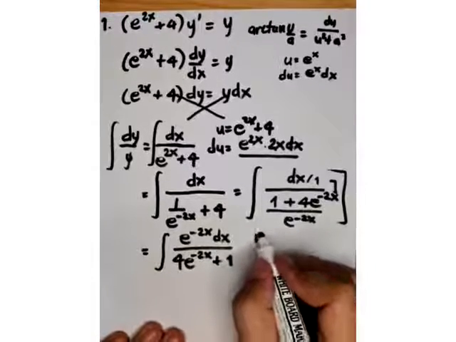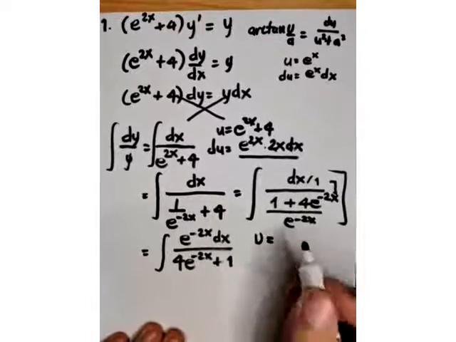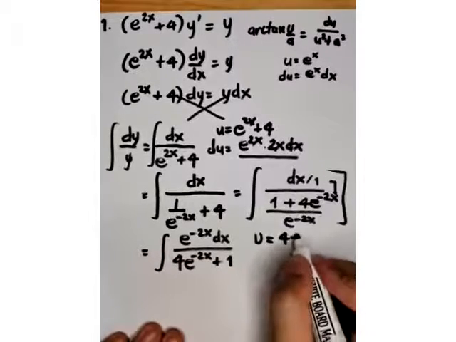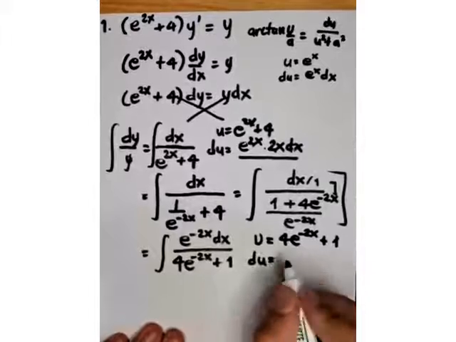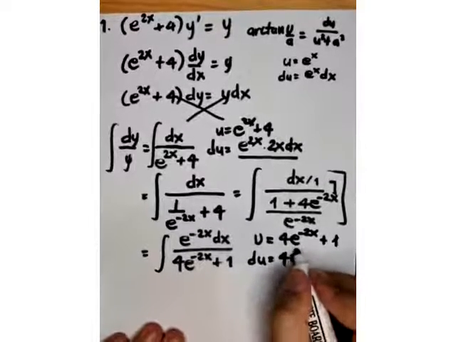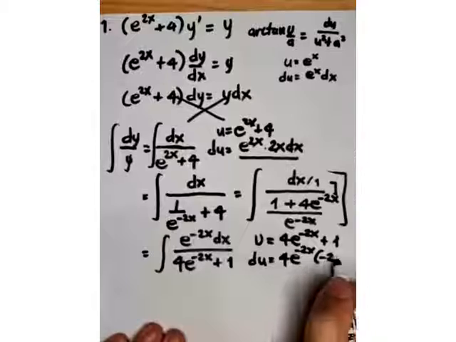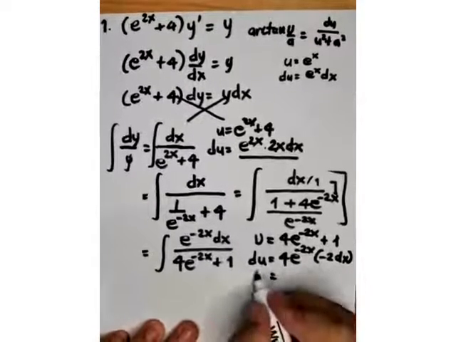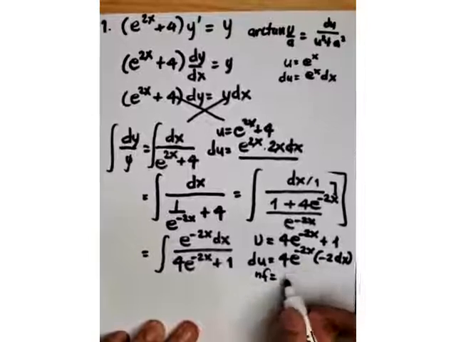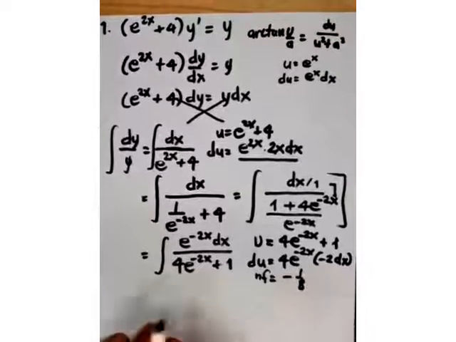Okay, test na natin siya ulit as ln. So, ang u natin naging 4e raised to negative 2x plus 1. At pag dinerive natin yan, magiging 4e raised to negative 2x times negative 2 dx. Ayan. So, meron tayong neutralizing factor na negative 1/8.